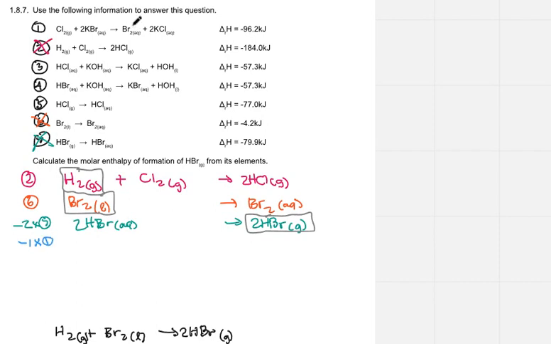When we do that, aqueous bromine goes to the left. Potassium chloride goes to the left, 2KCl aqueous. Chlorine gas goes to the right. And KBr aqueous, 2KBr aqueous goes to the right.